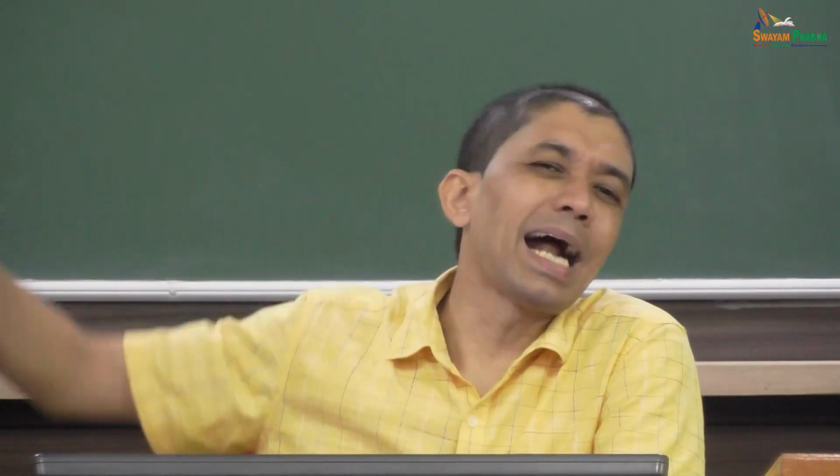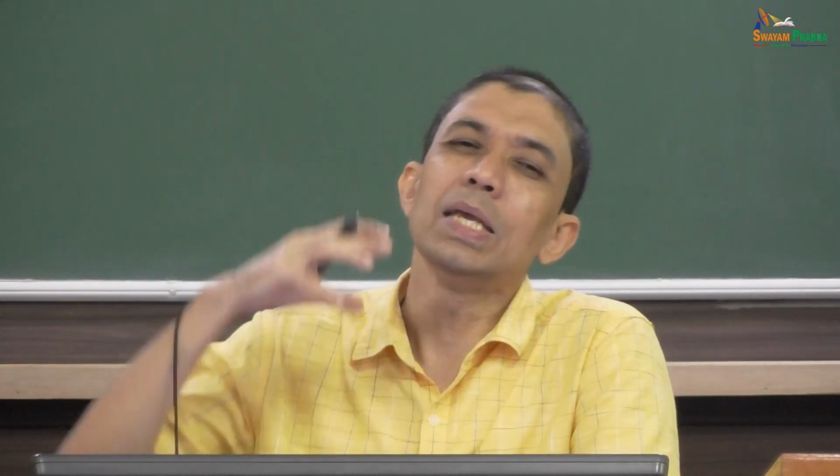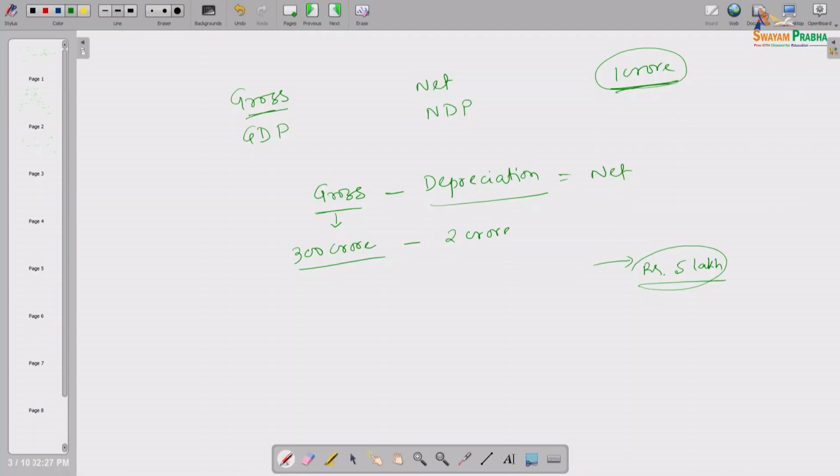So, suppose gross domestic product in a country, for one particular time period, say one particular year, is 300 crore rupees. And if in the entire country, all the capital goods, machines and all that, depreciate, and you combine all the depreciation together, suppose that is 2 crore rupees per year.